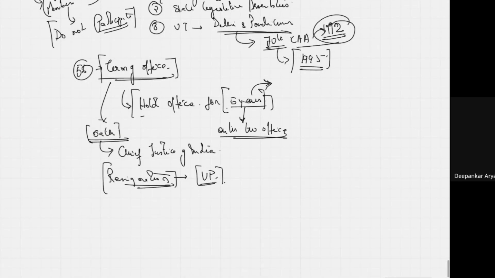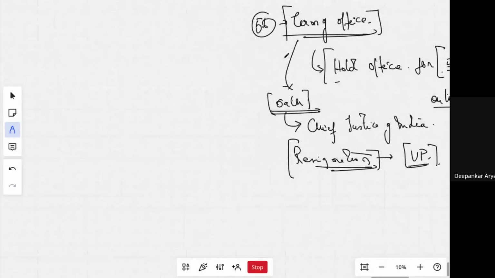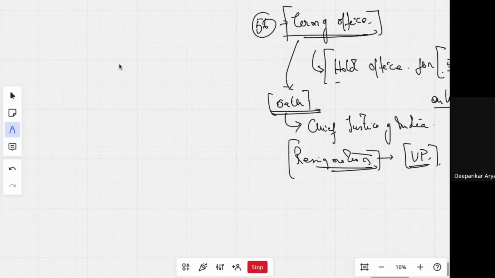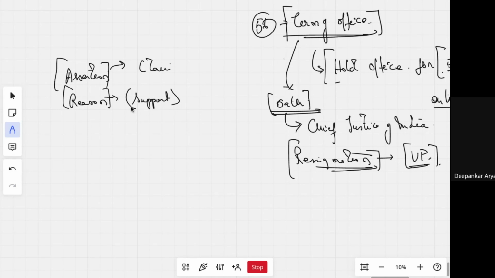One of the reasons for asking so many questions is that when you look at the past papers, there are some questions which are assertion-reason based. In assertion-reason, the assertion is more like a claim, and the reason is a support. Whatever arguments you make must be appropriate or correct.